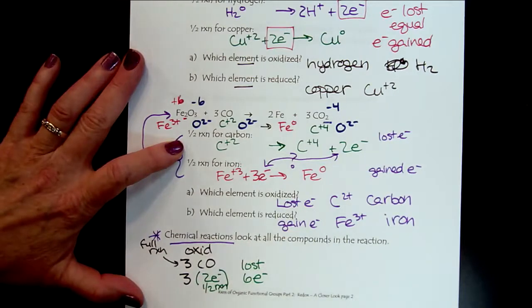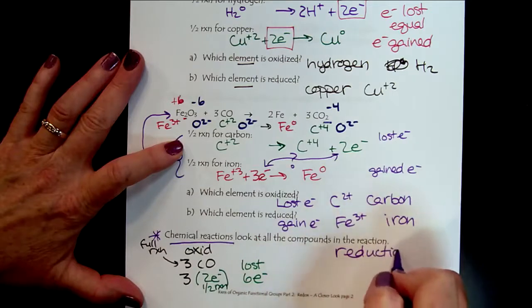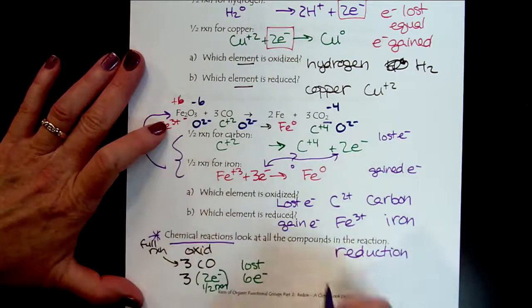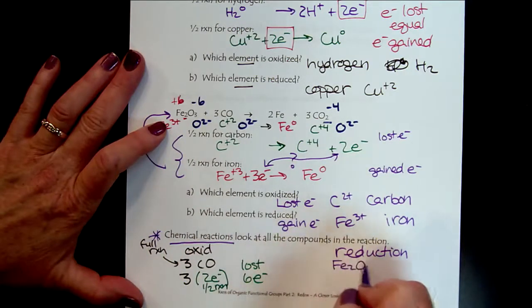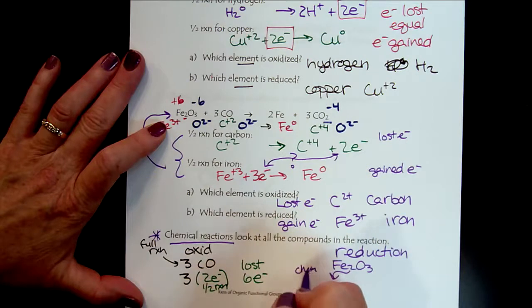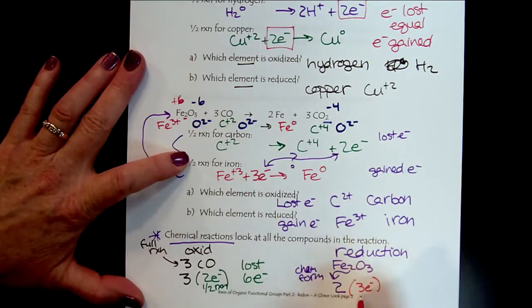And now, if we look at the reduction, now we're going to focus on the iron. So if we look up here, here is the chemical formula that the iron is present in. From the chemical formula, we get the 2. And then from our half reaction, we see there's 3 electrons, right?